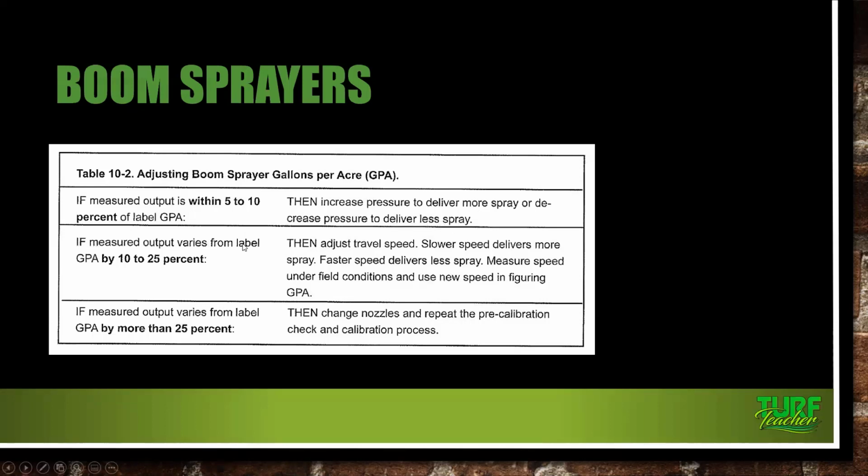If measured output varies from label gallons per acre by 10 to 25%, adjust your travel speed. Slower speed will deliver more spray, and faster will deliver less. Measure your speed under field conditions and use the new speed in figuring the GPA. And if measured output varies from the label rate by more than 25%, you need to change the nozzles and repeat the pre-calibration check and calibration process.